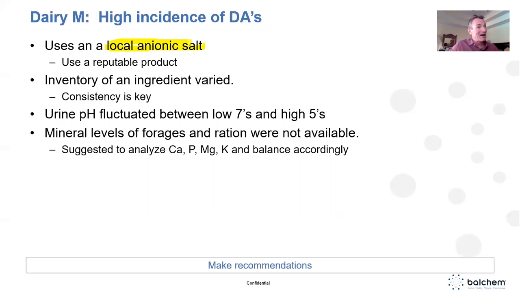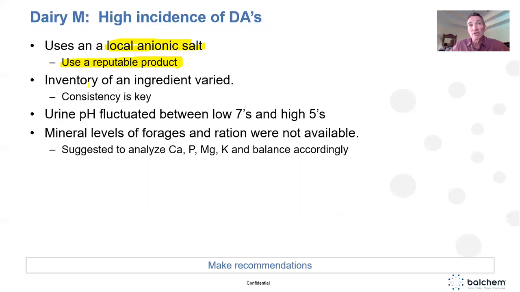And they got a great buy on it. It was really cheap. And because of that, it was helping cause some problems. So you got to make sure they're using a reputable product, and there were plenty out there they could have used for a few pennies more. Also found out that one of the ingredients that they were using, it was actually a wet ingredient.